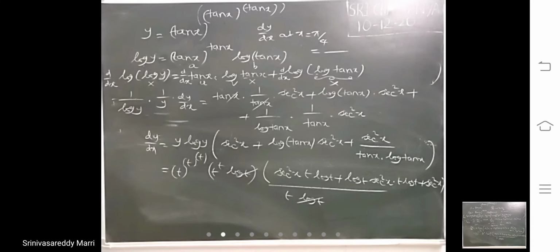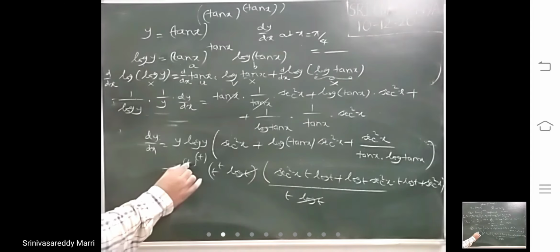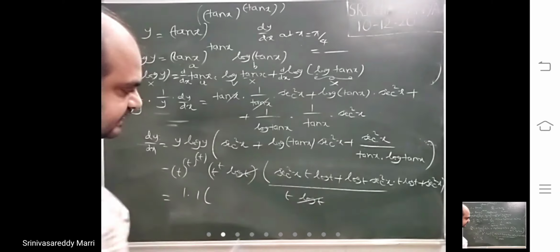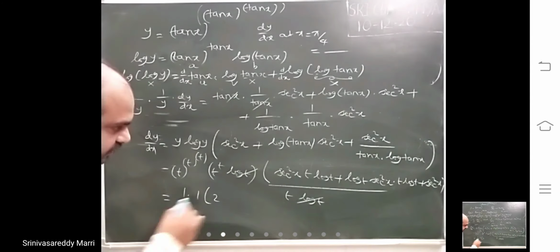Now he is asking dy by dx at x equal to pi by 4. X equal to pi by 4 implies y is what? Now x equal to pi by 4 you substitute here. X equal to pi by 4 means tan x is what? 1 to the power 1 to the power 1. This is 1 into this is 1. This is 1, secant square pi by 4, that is 2.